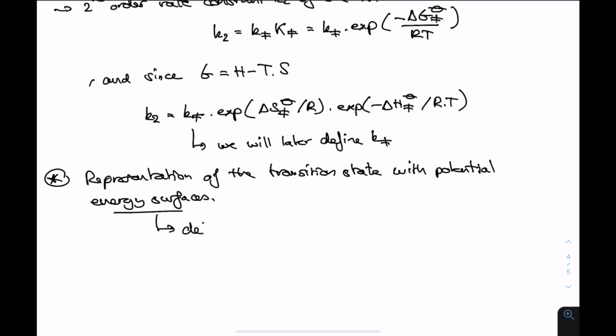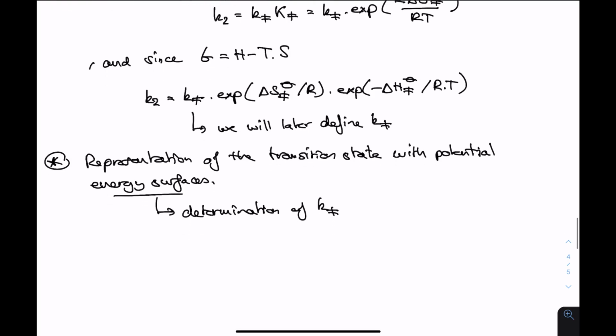For the determination of K transition state. Okay, so let's imagine we have a reaction, which is a radical reaction, plus P gives R plus X P. So it's a radical transfer.